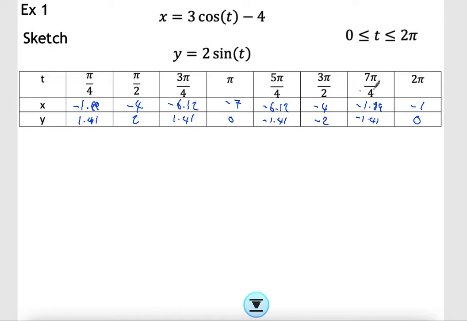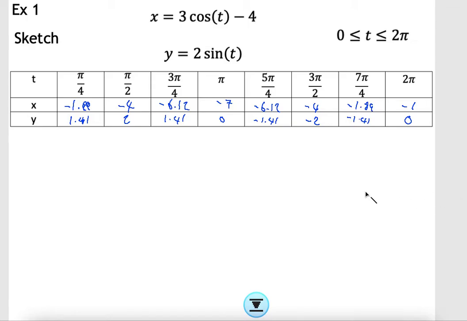So now what we've got to do is decide how we're going to draw our set of axes. Obviously the scale is going to be a little bit awkward, so we need to be quite sensible with this. So we have a look at x. It's always negative for x, so that's going to help me decide how I'm going to draw my set of axes.